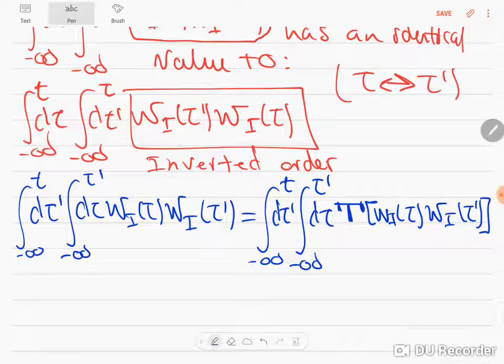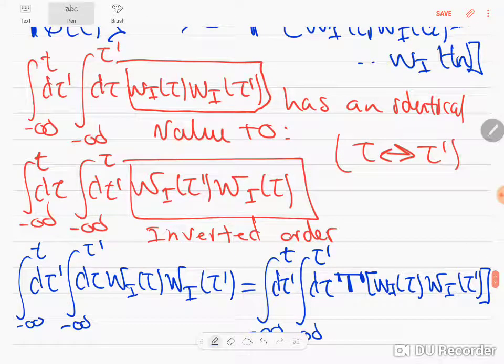So then this time order operator just puts to the right the operator that is evaluated at the smaller time, and to the left the operator that is evaluated at the later time. So to the right the earliest time, and to the left the later time. Okay, so then that's for the first integral that we have here.